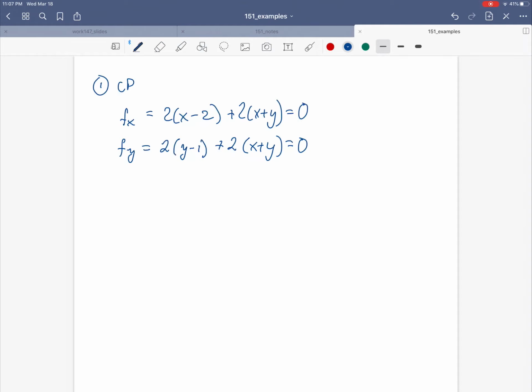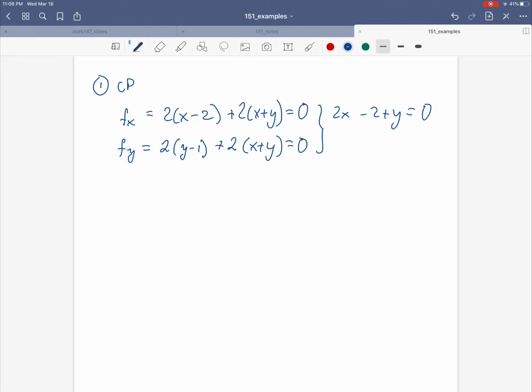Alright, so we need to solve a system of 2 equations. They happen to be both linear equations, so let's simplify them. The first equation, I can cancel the 2's as a factor, so x minus 2 plus x plus y gives me 2x minus 2 plus y equal to 0.